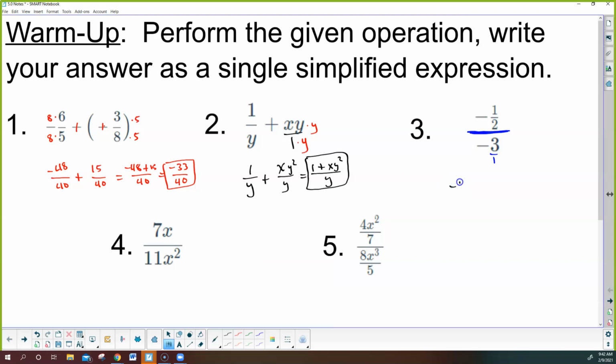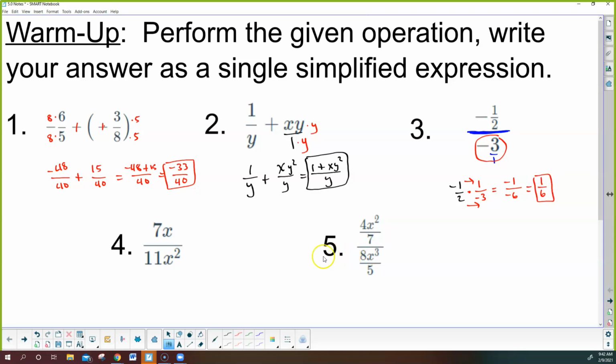So what we have to do then is our rule for dividing fractions is we don't divide, but we multiply by the reciprocal. So that's why I put this over 1, because now I'm going to multiply by the reciprocal. And when I multiply fractions, we just multiply numerator times numerator, denominator times denominator, and then simplify, and a negative divided by a negative is a positive.